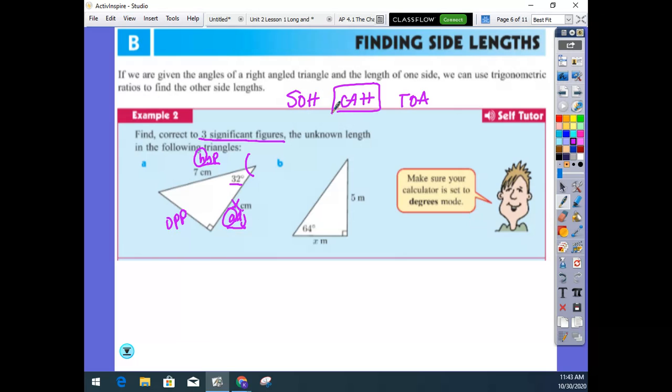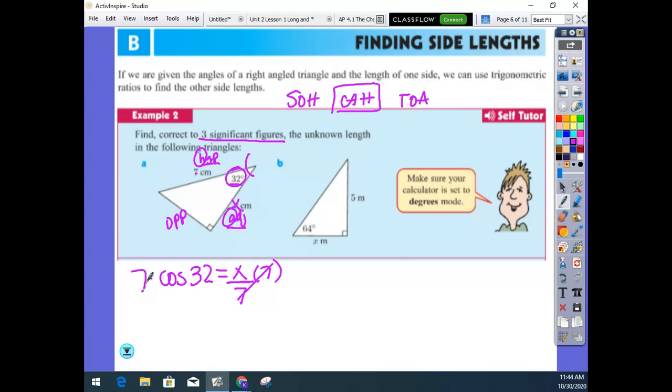Cosine. So I'm going to take cosine of the angle that I'm given. That will equal A, which is my x, over H, my hypotenuse, 7. Create an equation, get the variable by itself. Since x is being divided by 7, I'm going to multiply both sides by 7 to isolate the variable.